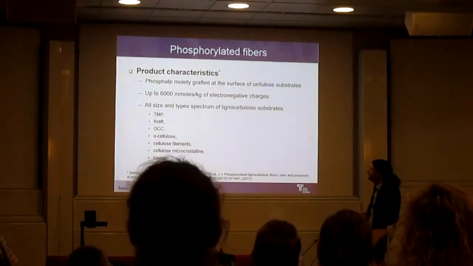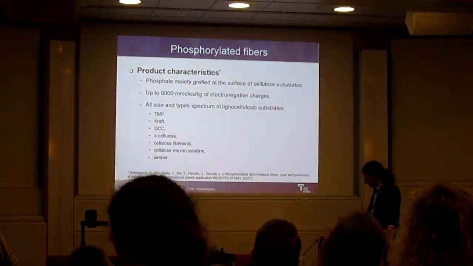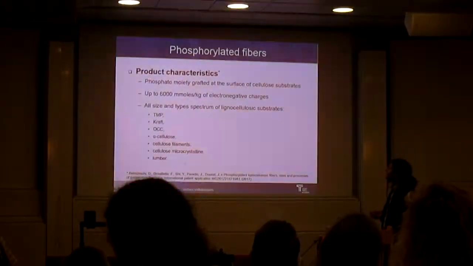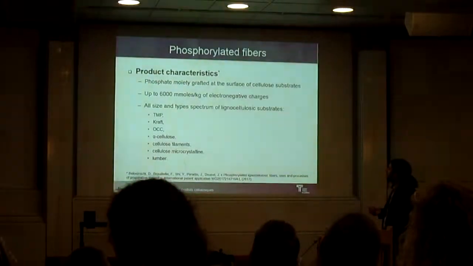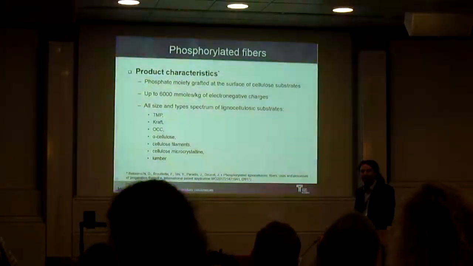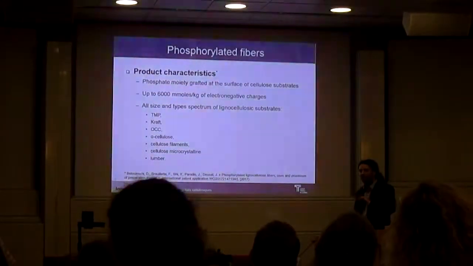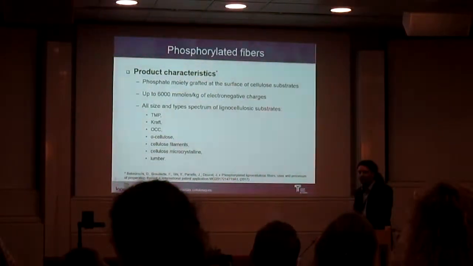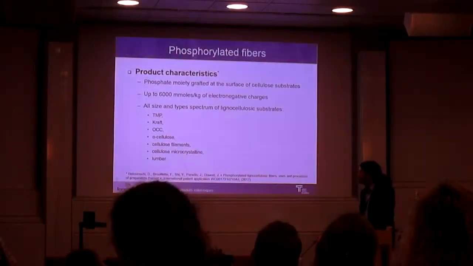So, what are the product characteristics we obtain after this phosphorylation reaction? Like I told you, this phosphate moiety is grafted exclusively at the fiber surface. Why? Simple, because we make the reaction in heterogeneous conditions.